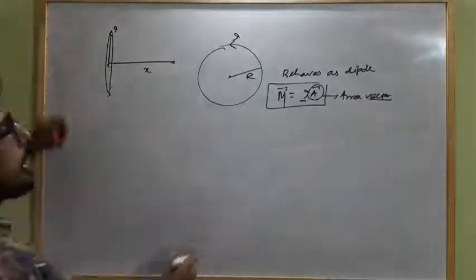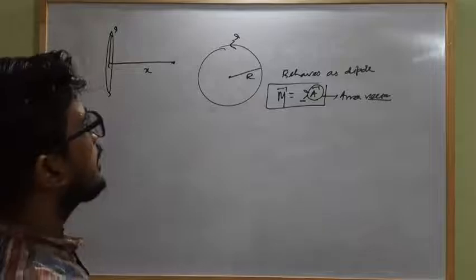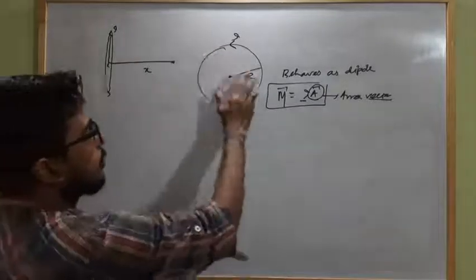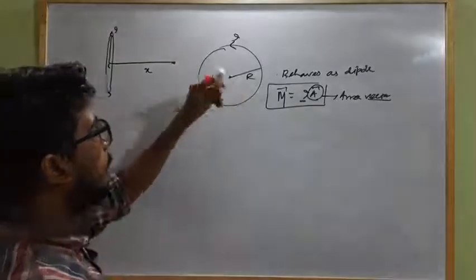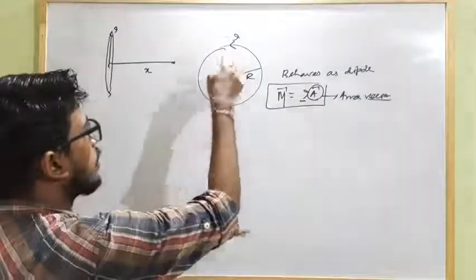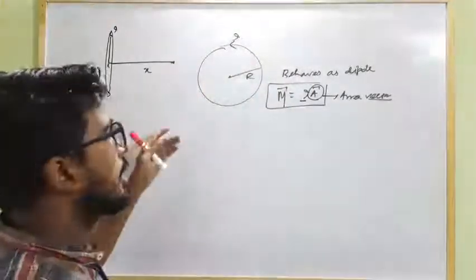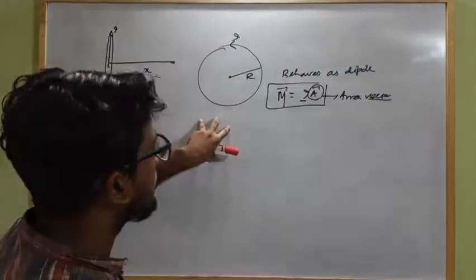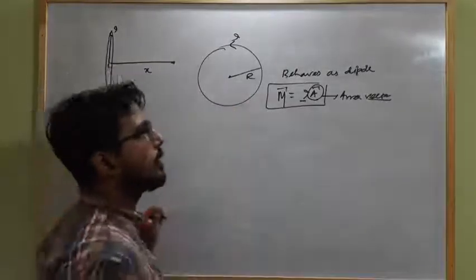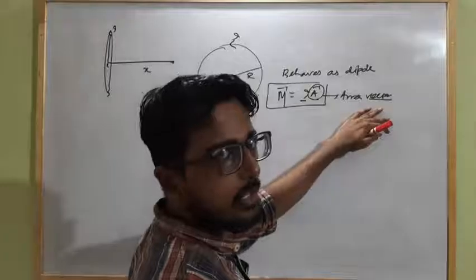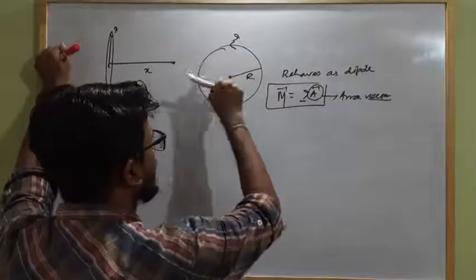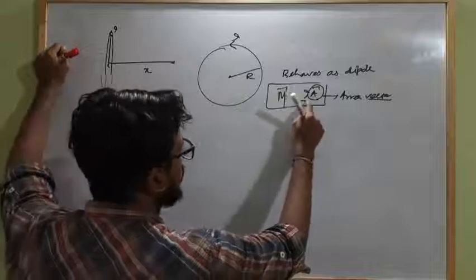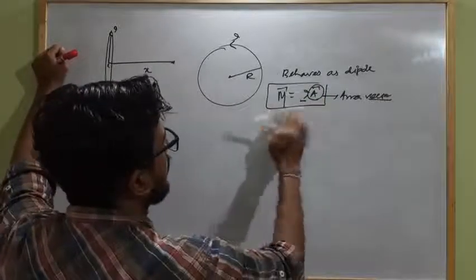And we know the area vector can be found by the right hand thumb rule. If this is an open surface, then the area vector will be perpendicular to the surface, either outward or inward, you can take it as your own. But if this is a closed surface, then the outward perpendicular normal vector will be considered as the area vector. So the magnetic dipole moment of any circular coil will be the current flowing through the coil times the area vector.